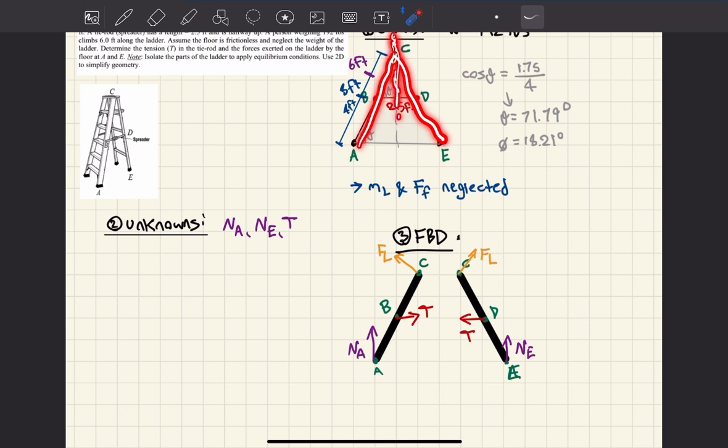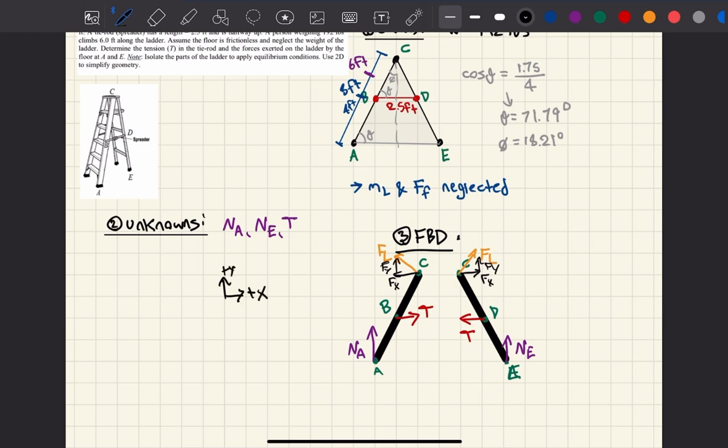But since you're separating these pieces, you have to take into account the force of the left side on the right side and the right side on the left side, and that's represented like so. We can split it up into x and y components, so Fx, Fy, and Fx, Fy, with this as our plus y and this as our plus x coordinate system.